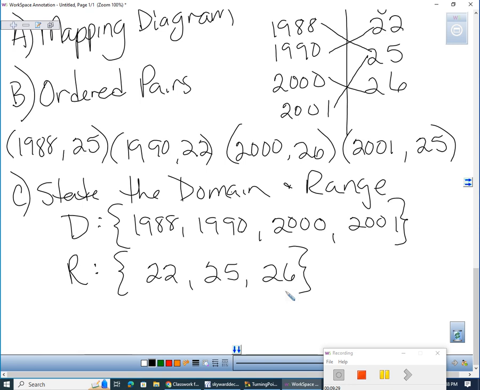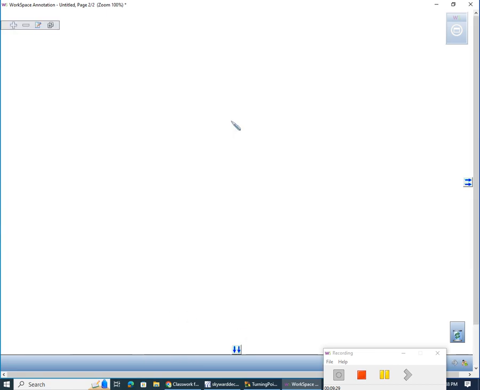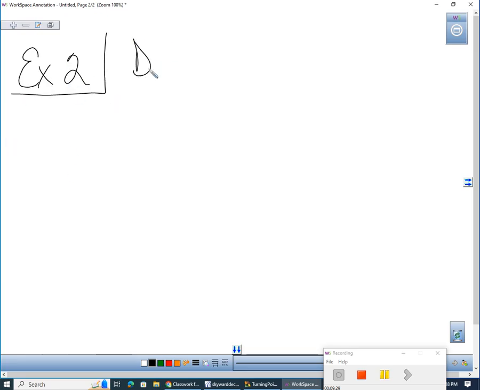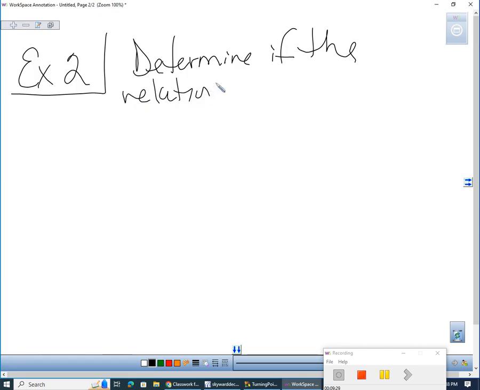All right. Example number 2. Determine if the relation is a function.